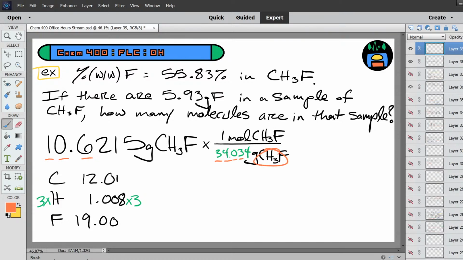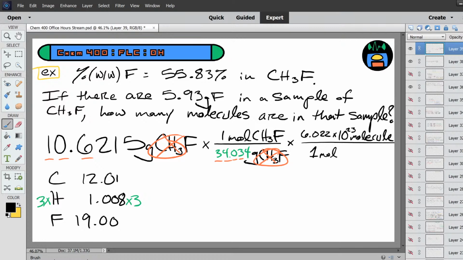Now grams of CH3F cancel, and now we can convert in the final step from moles to molecules using Avogadro's number. So there's that many molecules in 1 mole.